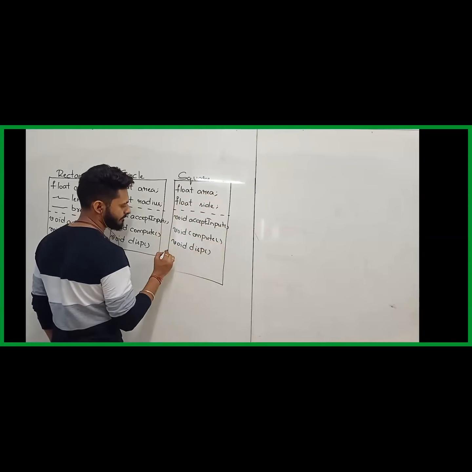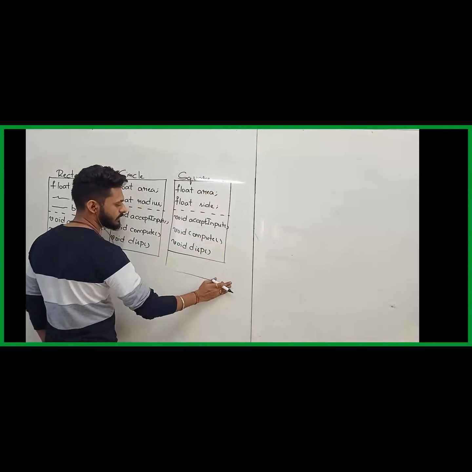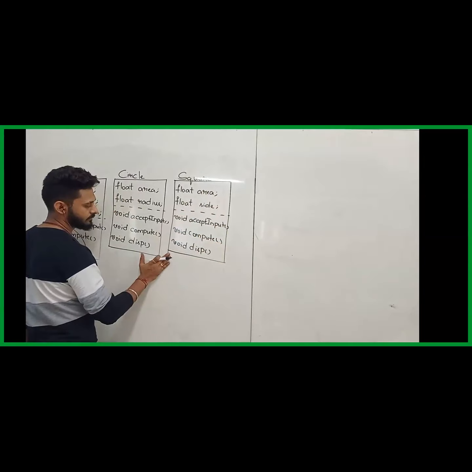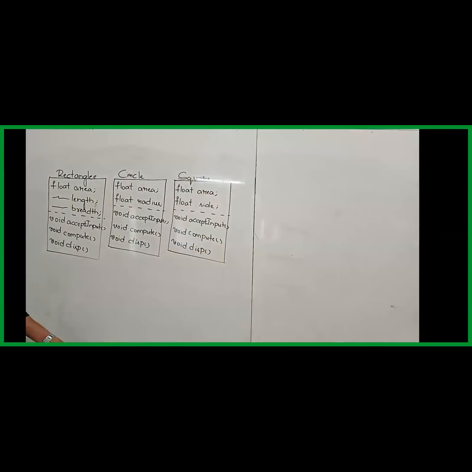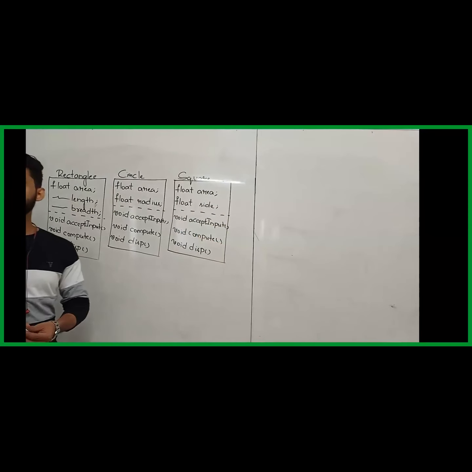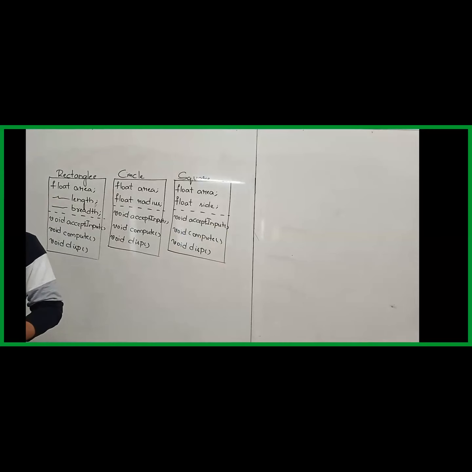Display for what purpose? And accept input is for accepting the input from users for side, length, breadth, and radius.